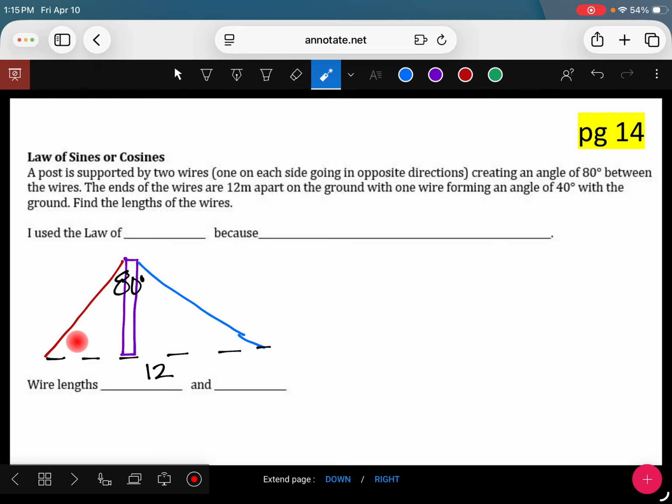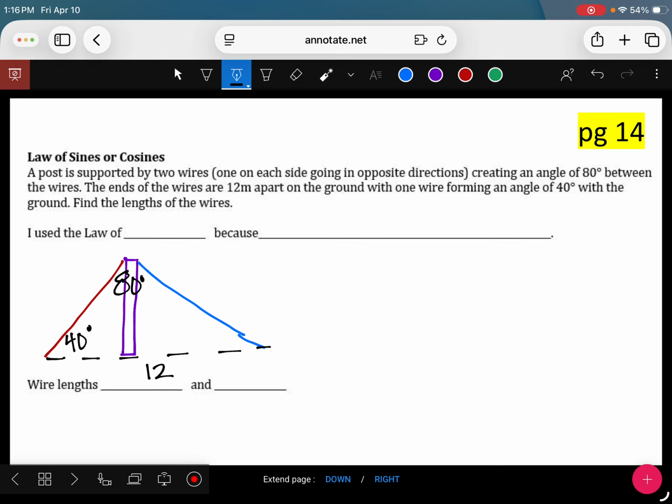If you put the 40 here or here, it doesn't matter, because it doesn't say that it's attached to the first wire or the second wire. You can put it with the red wire or with the blue wire. I'm going to put it over here. That's where I set it up.